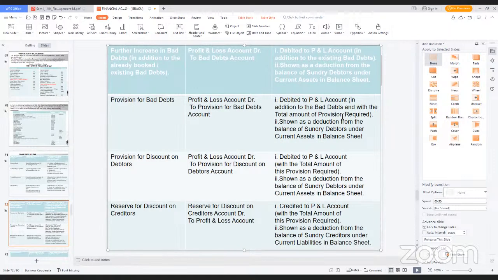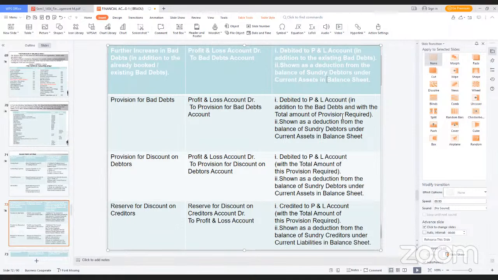So for the provision for bad debts, or the further increase in the existing bad debts, you also have to deduct from the sundry debtors under current assets in the balance sheet. In the provision for bad debts also, the same treatment you have to give: show it as a deduction from the balance of sundry debtors under current assets in the balance sheet.